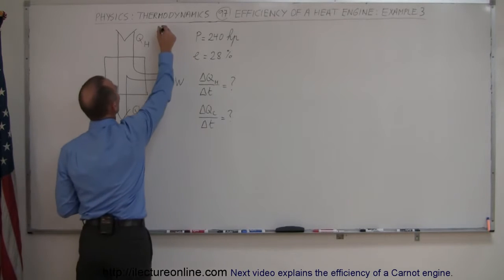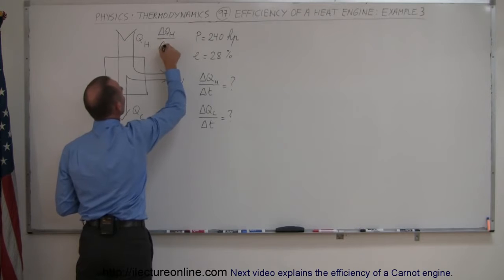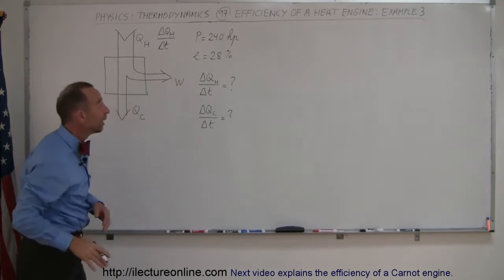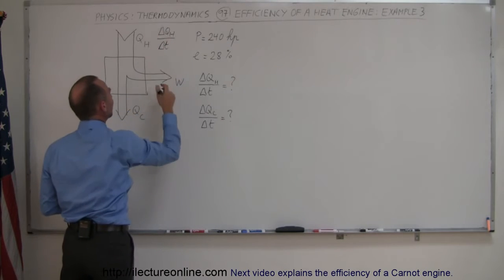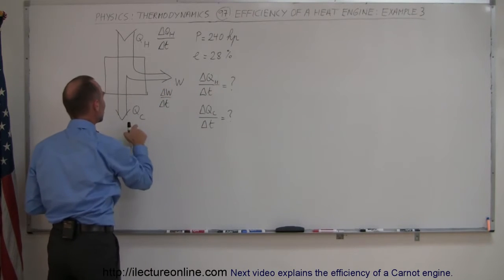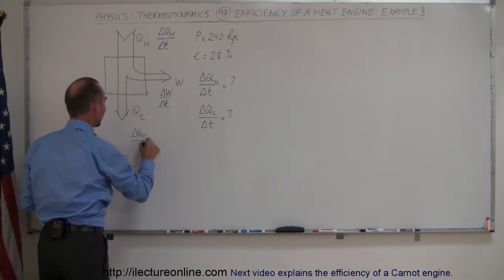The rate at which heat is extracted from the hot reservoir per unit time, and you make this dW dt, the rate at which work is done per unit time, and the rate at which heat is dumped into the cold reservoir per unit time.